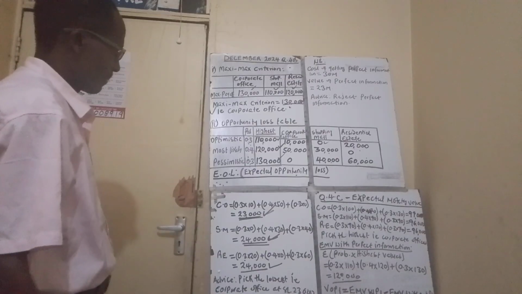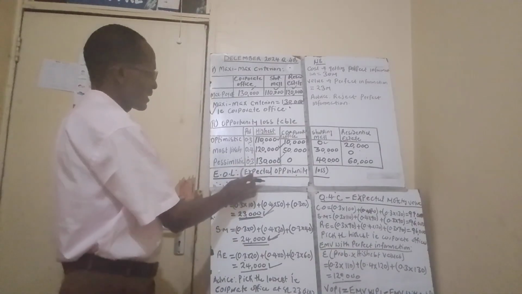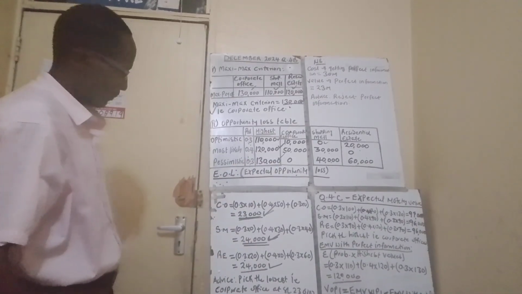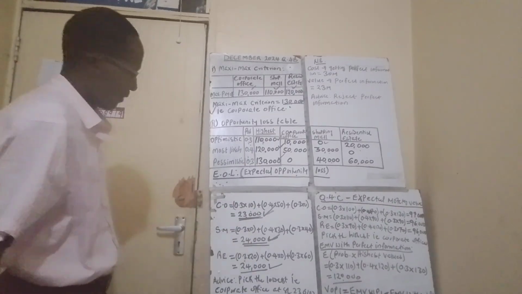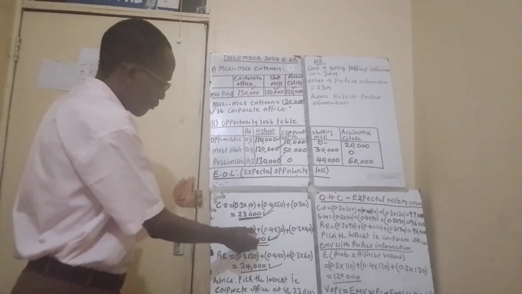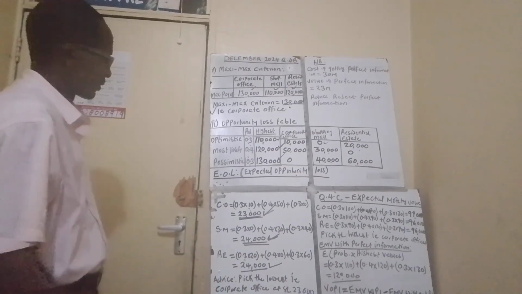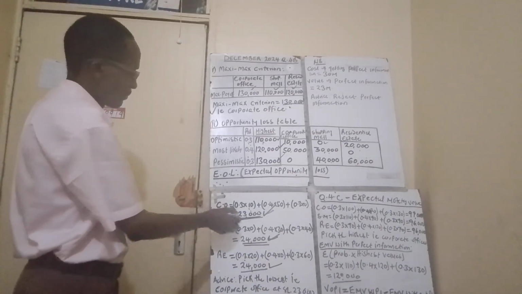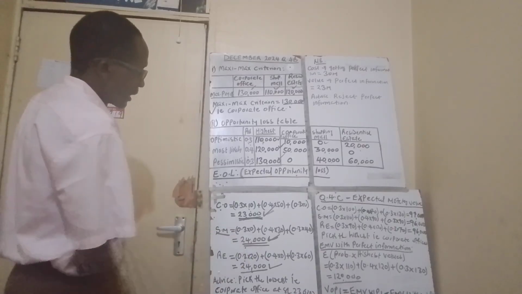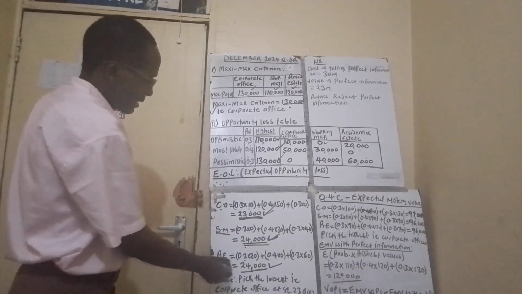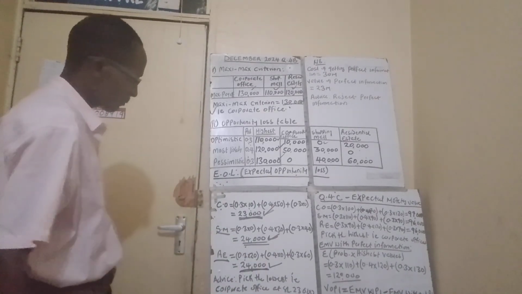So let's advise. Because we are using expected opportunity loss, you pick the lowest. Which is the lowest? 23 million, because you have 23 million, 24 million, and 24 million. That is for corporate office, 23 million. For shopping mall, 24 million. Residential estate, 24 million.